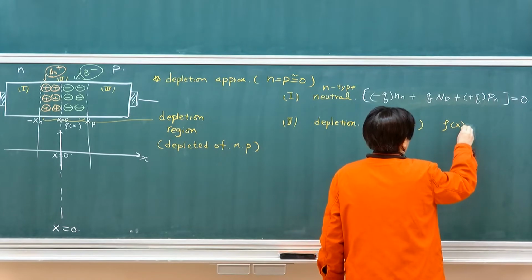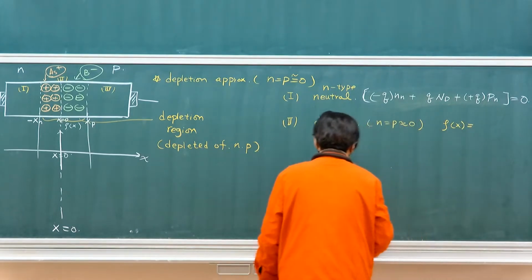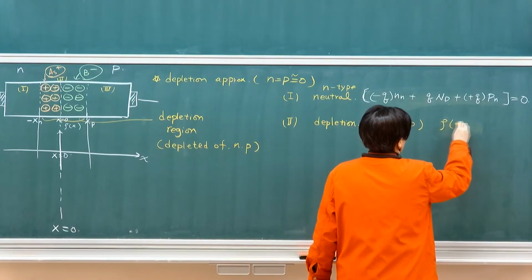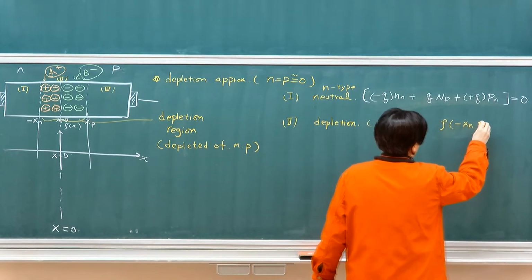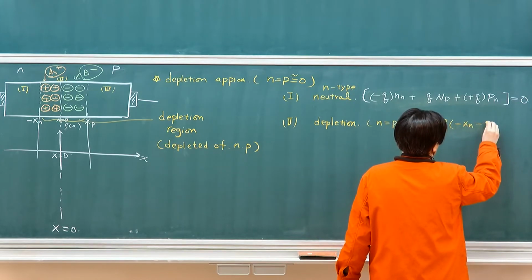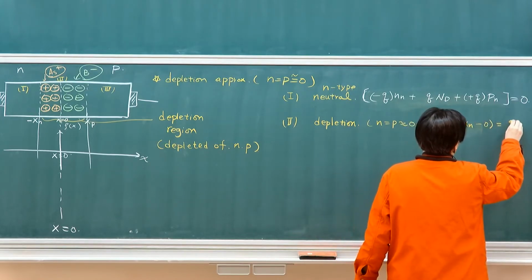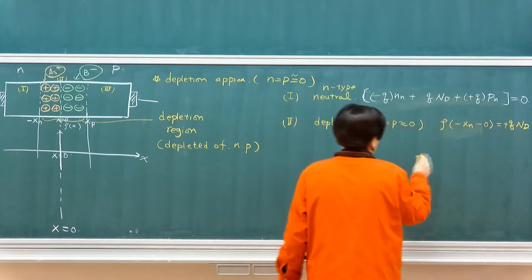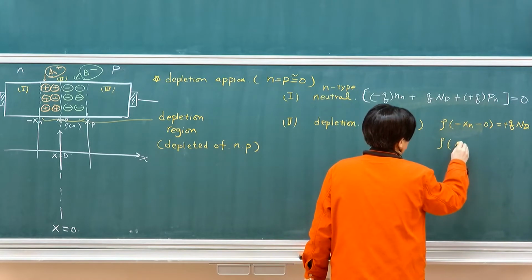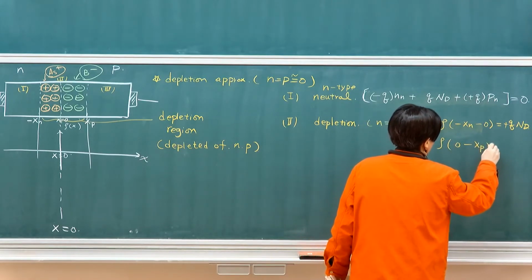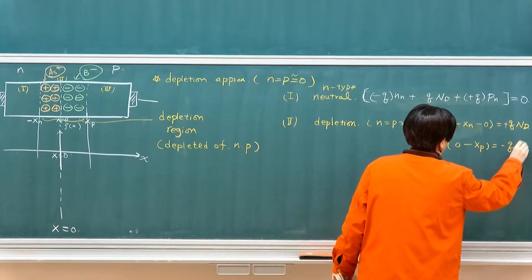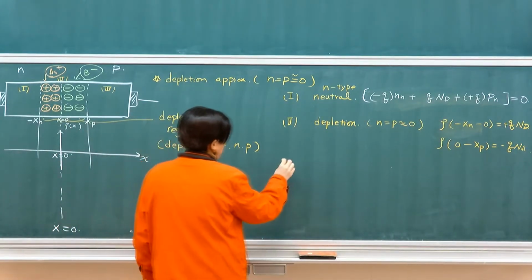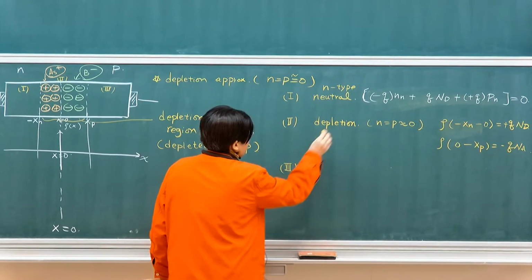Therefore, the charge level within this region from minus xn to 0 equals positive q Nd, and the level from 0 to xp would then be minus q Na. Let me write the third part so that you know what we're talking about.